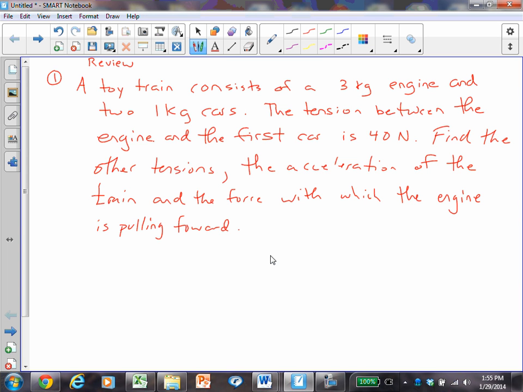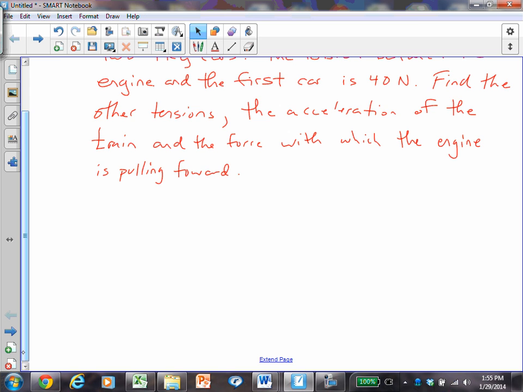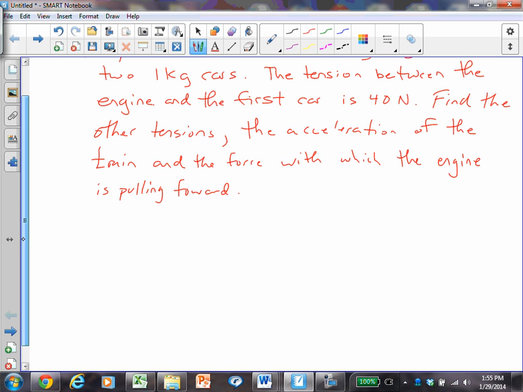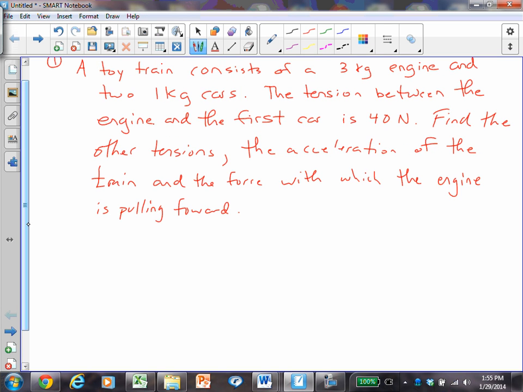Okay? What was the first step with these? Okay, we'll draw the trains and then we'll add the free body diagrams, right? It's an engine and 2 cars.